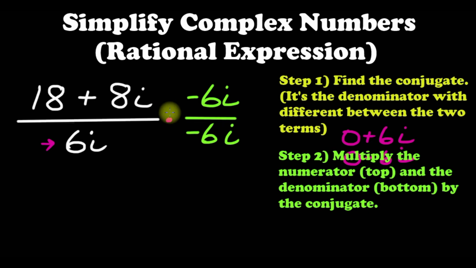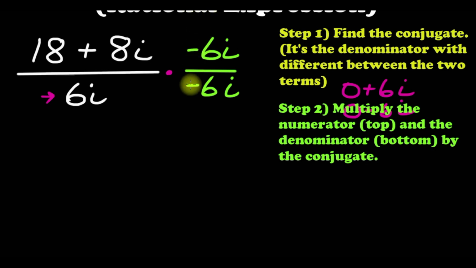So we're multiplying the top and the bottom by negative 6i. Okay, to make it easier, you can cancel out the negative 6, see it? So negative 6 over negative 6, they cancel out. So now you're just left with i. So this way, you're making the number smaller, and it's a lot easier to work with.